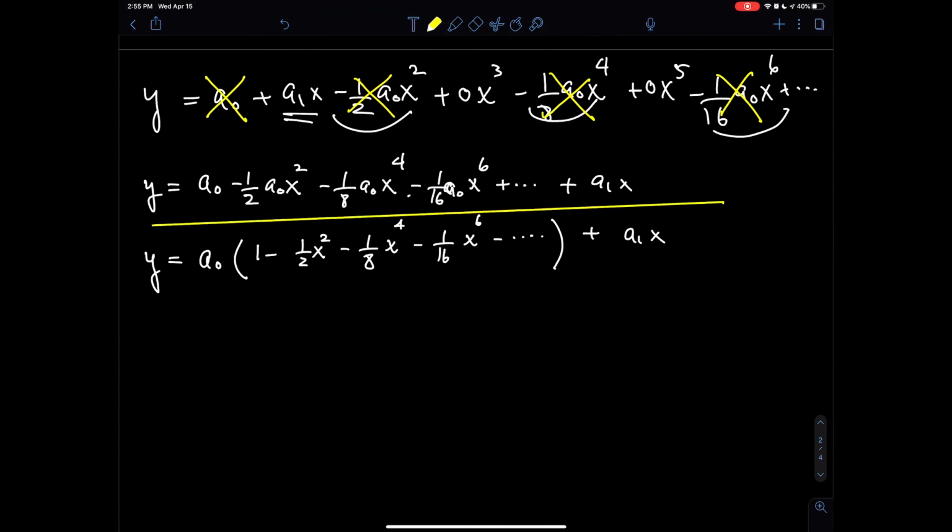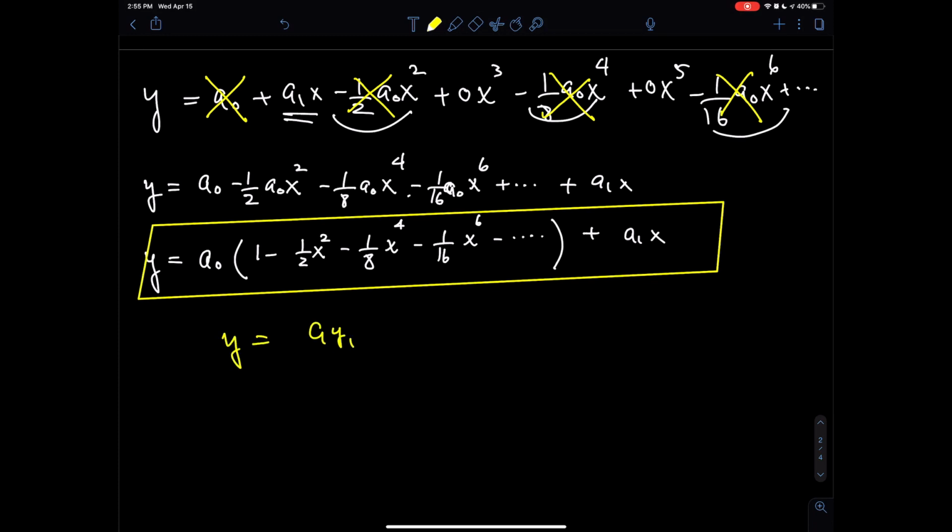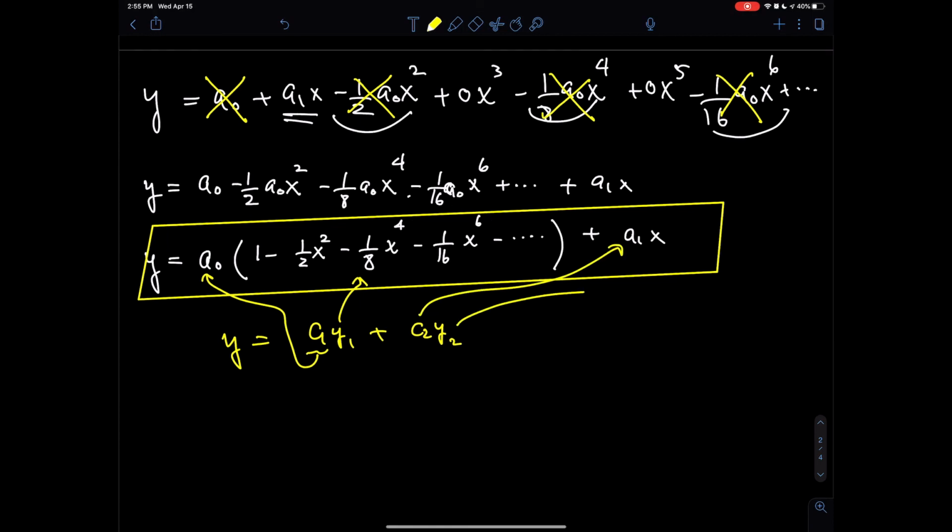If you have a second order differential equation, then you're expecting two solutions with two constants. So you were expecting something like c1 y1 plus c2 y2 as a solution, and you see it here. Your c1 is represented with a naught, your y1 is represented by this infinite power series, your a1 is representing c2, and the second function is just x.